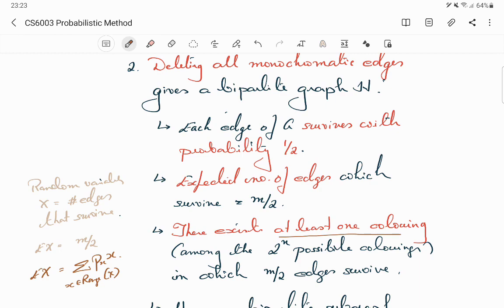I cannot always say there is something strictly greater than the average, because in one scenario everything may be at the average.